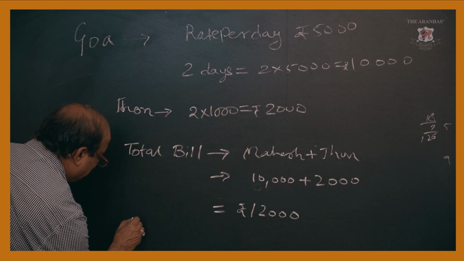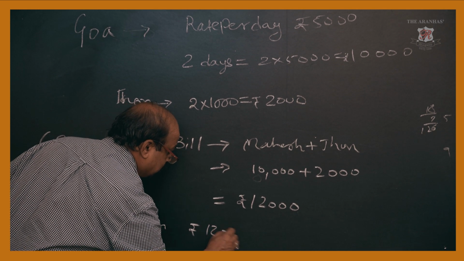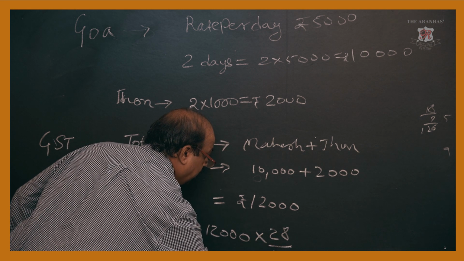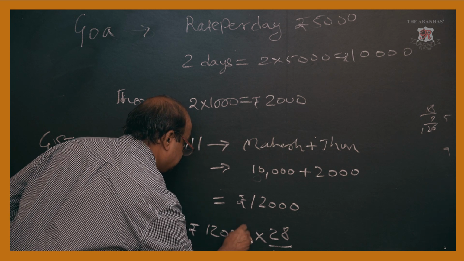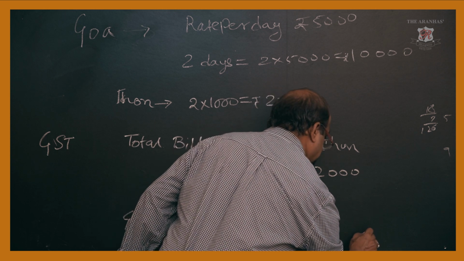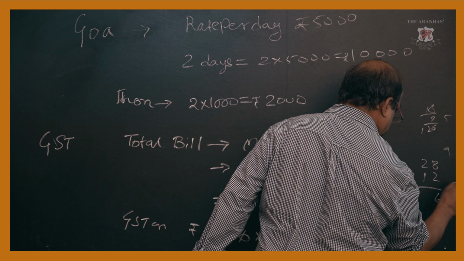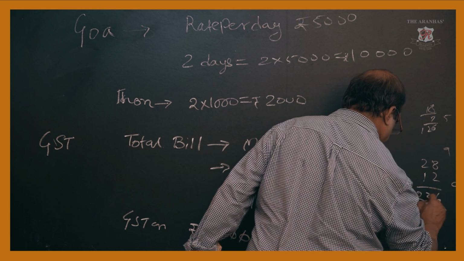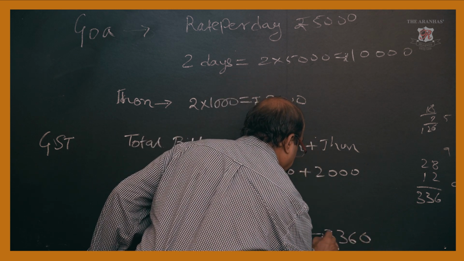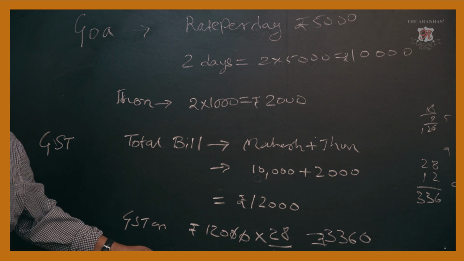Now we will calculate GST on rupees 12,000 at 28%. So the multiplication will give the answer 3360 rupees. So GST paid in the entire bill is rupees 3,360.